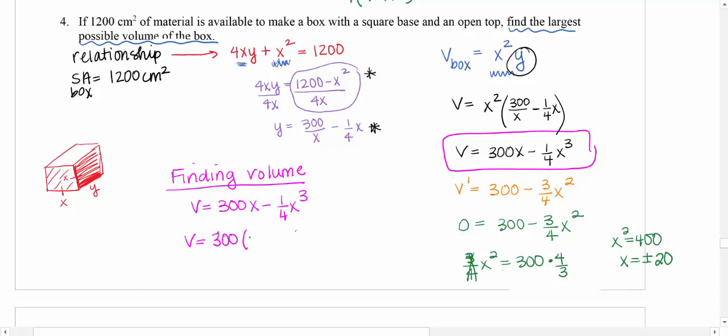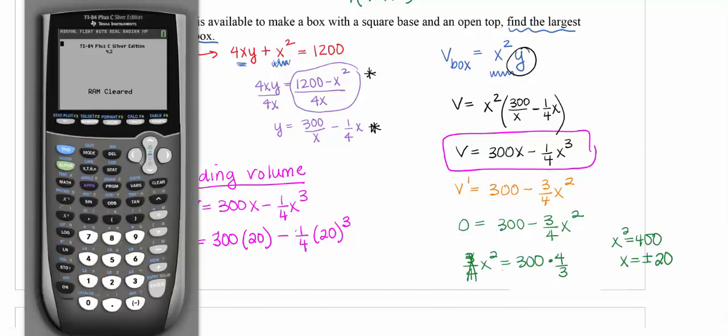So 300 times 20 minus 1/4 times 20 cubed. And I'll let my calculator help me. So I'm just going to type in 300 times 20. I know what that is, but I'm just going to let it go. Minus 1/4, so 0.25 times 20 cubed.